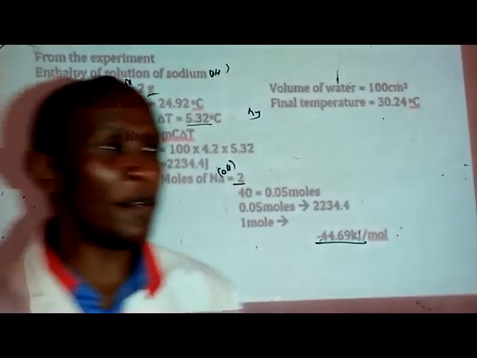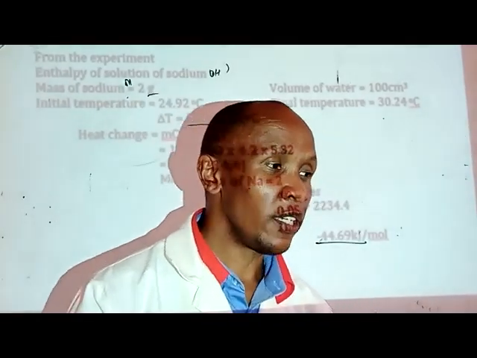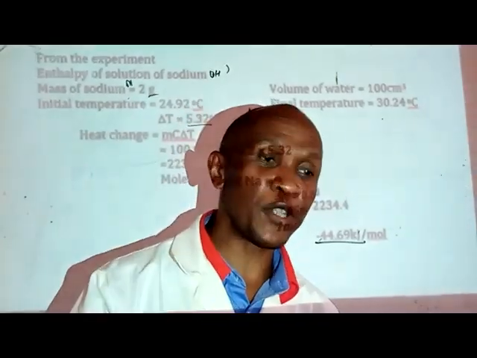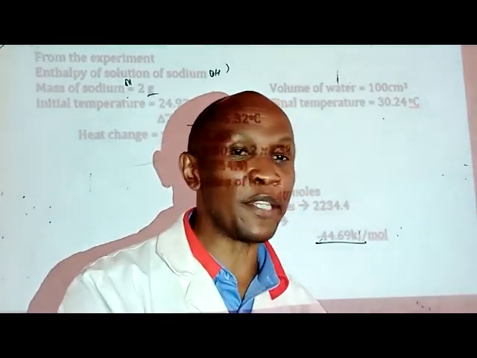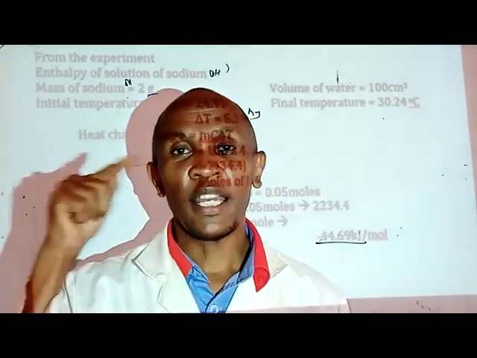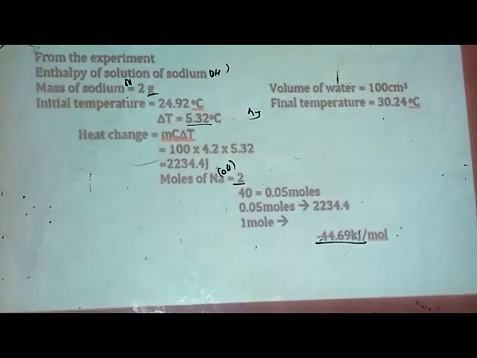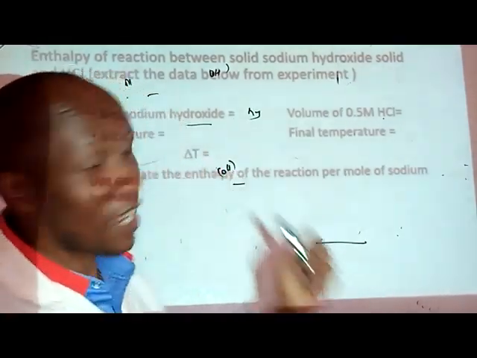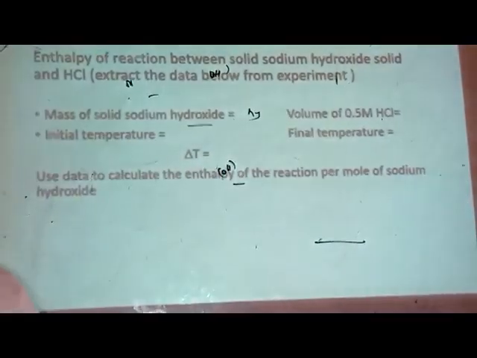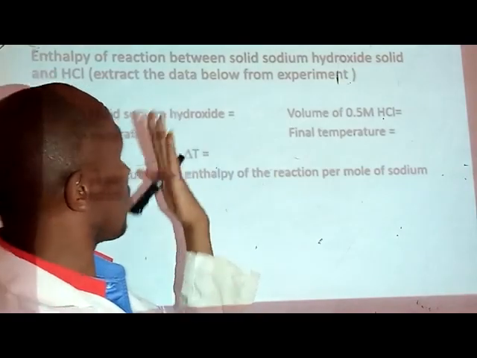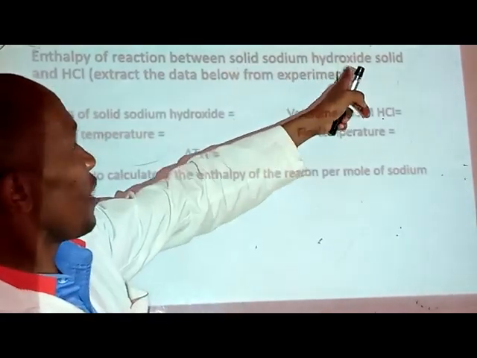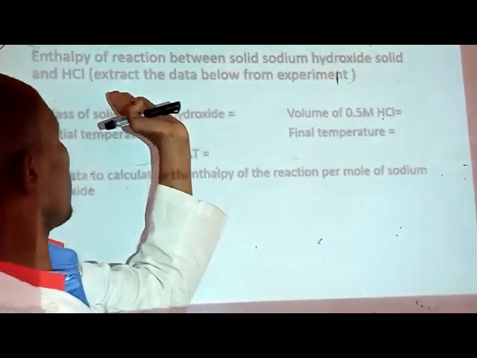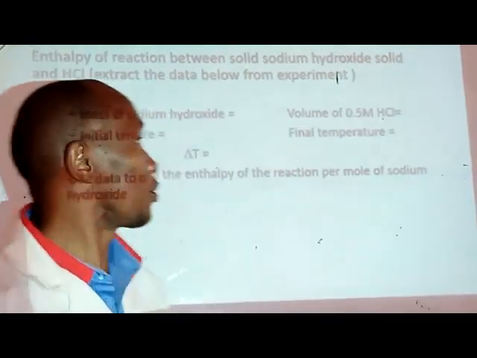Now the next experiment, we will get the enthalpy of a reaction between solid sodium hydroxide and dilute hydrochloric acid. So just observe the clip. Observe the clip and extract the data for the reactant solid sodium hydroxide and dilute hydrochloric acid.